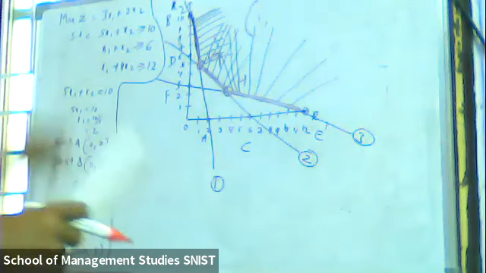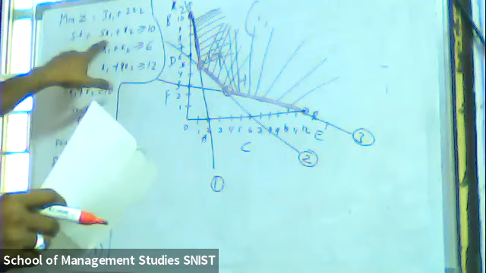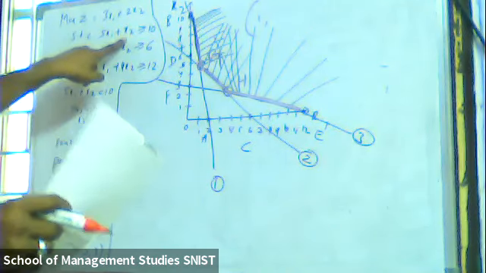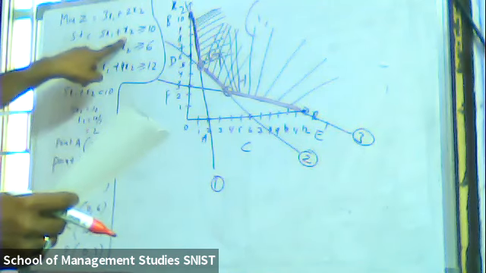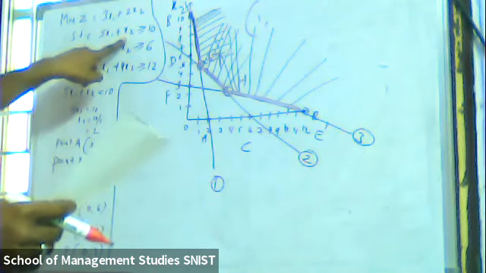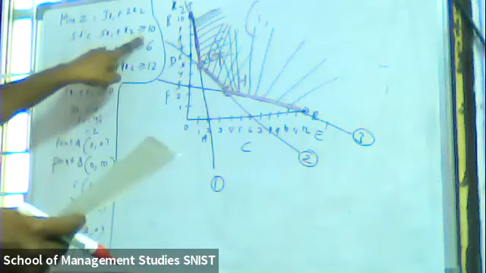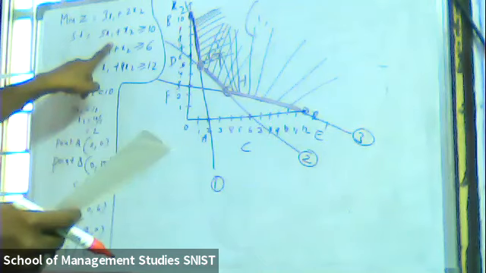If you substitute that 1 in 5x1 plus x2 equals 10, then x2 equals 5.